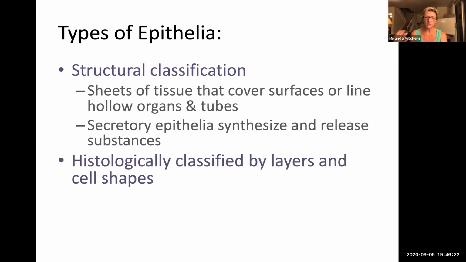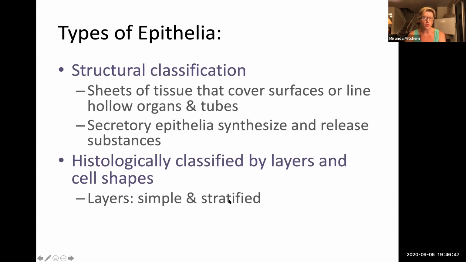All right, so how can we describe the epithelial? If we look at the histology, which would involve looking at different cells under the microscope, and that's what we would be doing in lab this week, we can classify it based on layers, and we've got two options. Simple means there's just one layer. Stratified means two or more.